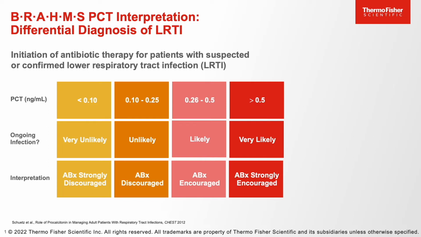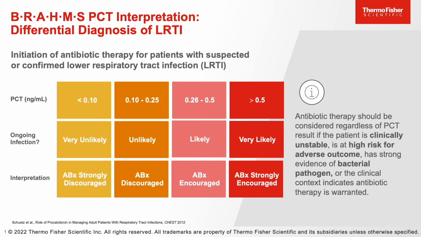If procalcitonin, however, is significantly less than 0.25, bacterial infection is quite unlikely and antibiotics are often discouraged. However, antibiotic therapy should be considered regardless of the procalcitonin result if the patient is clinically unstable, if there's high risk for adverse outcome, or you have strong evidence for bacterial infection.